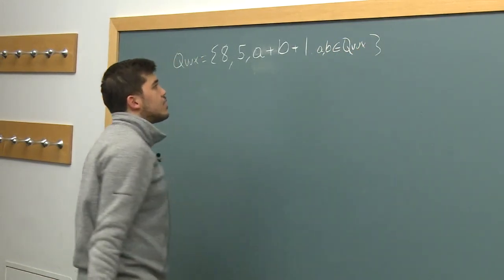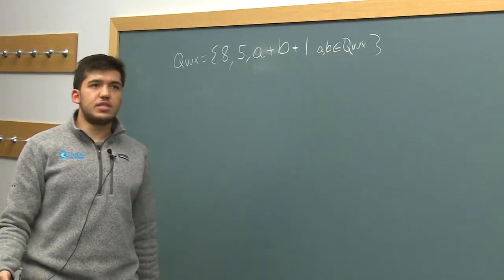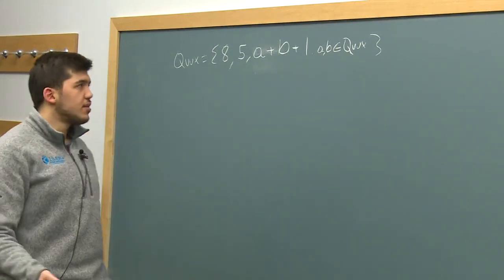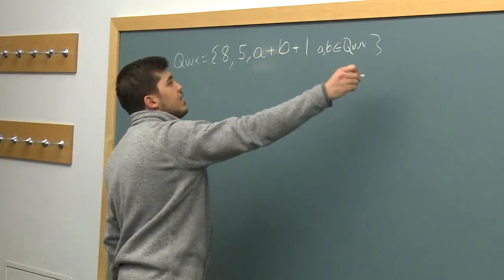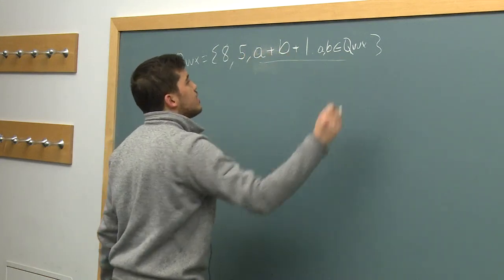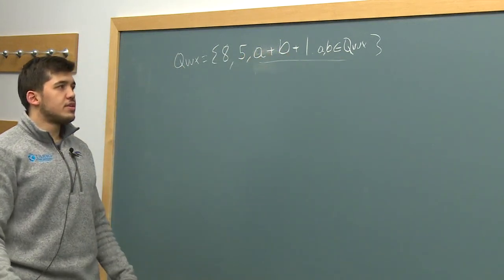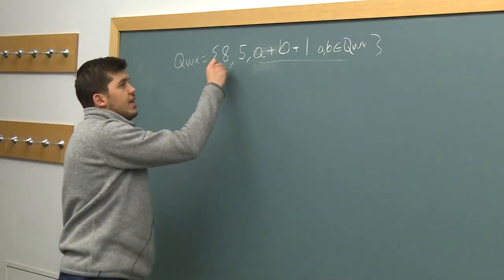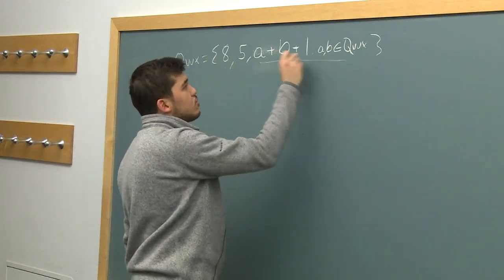So if we want to see whether 11 is in this set, and this set can grow, by the way, so this is what this represents. What can we do? How can we get the number 11 from the number 8, the number 5, and this rule that we have set up?